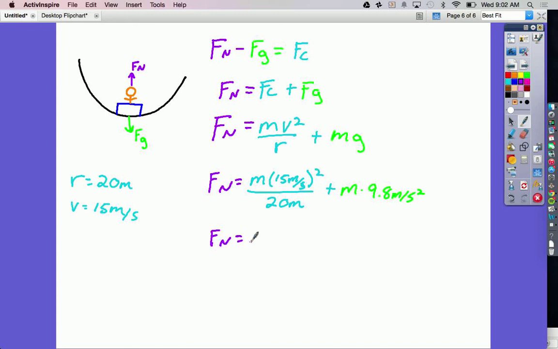When I plug that into my calculator, what I'll get for this first term is that mass is getting multiplied by 11.25 meters per second squared. And on the right here, this mass is still getting multiplied by 9.8.